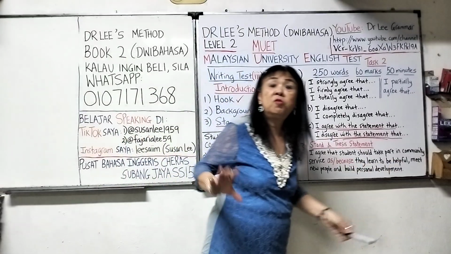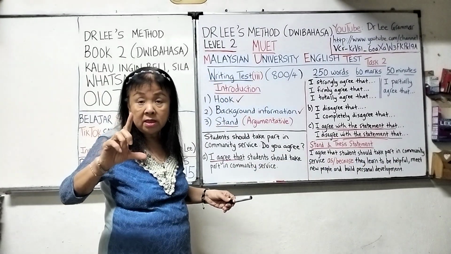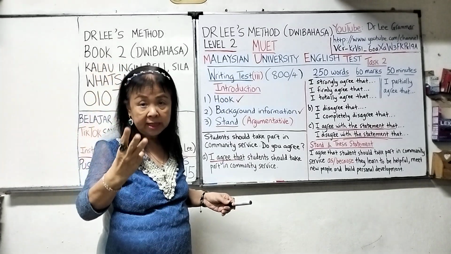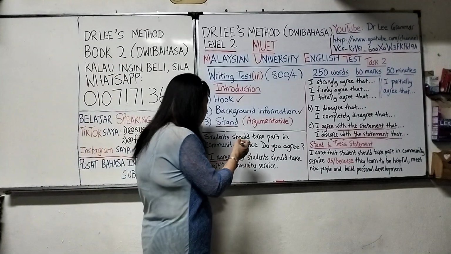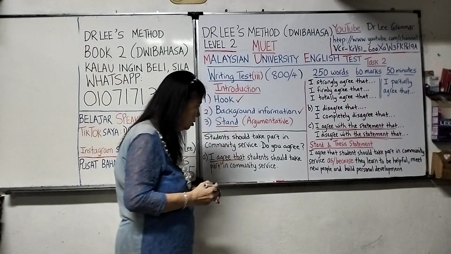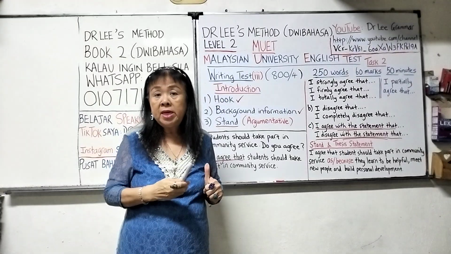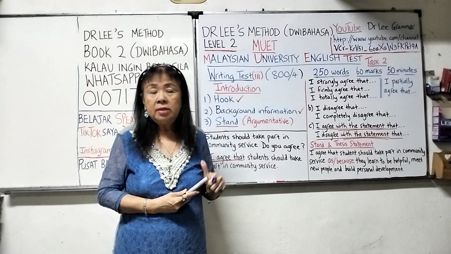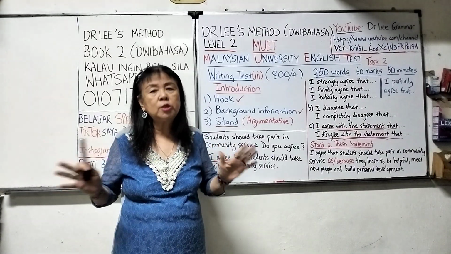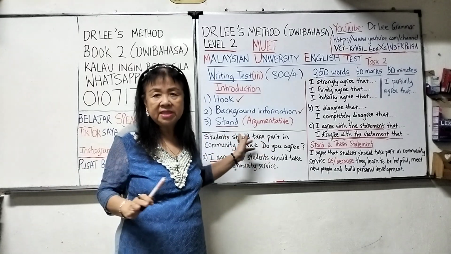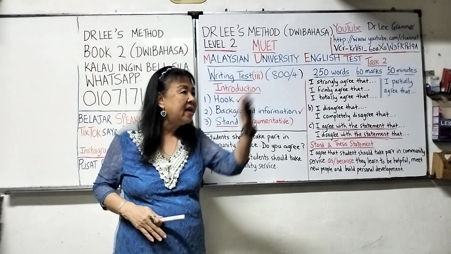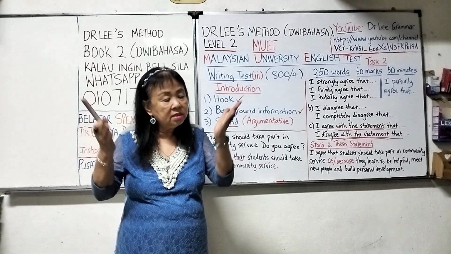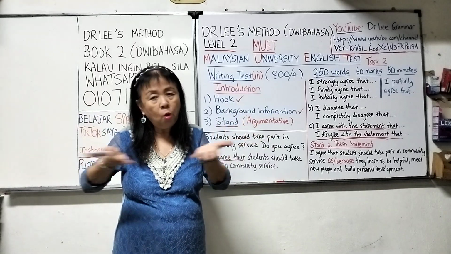So this video is especially focused on the argumentative essay, because you know there are 3 types of essays. We don't know which one will come out. It could be a discursive essay. Discursive essay is a discussion. So you don't have a stand. You don't say, I agree this, I agree that. No, you just tell us the good and the bad openly.